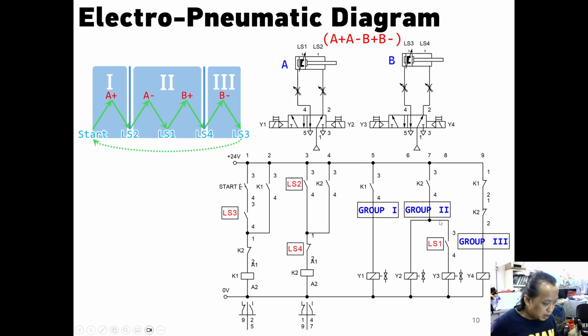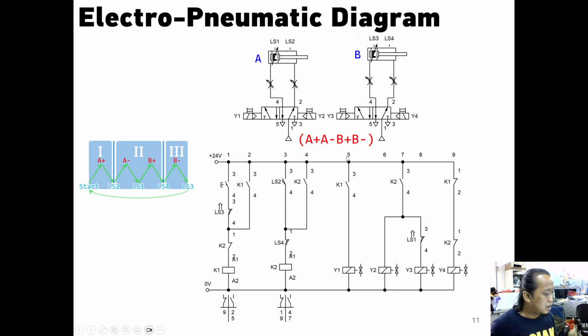For group 2, we can make a branch like that, connected to limit switch 1 to activate Y3, or solenoid 3, and this is going to activate Y2. For group 3, we can use Y4 using this break contact. This is the realization of those diagrams.